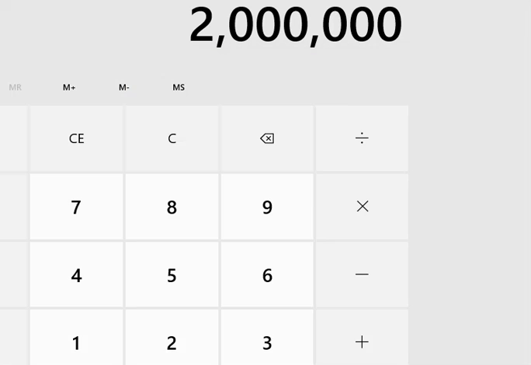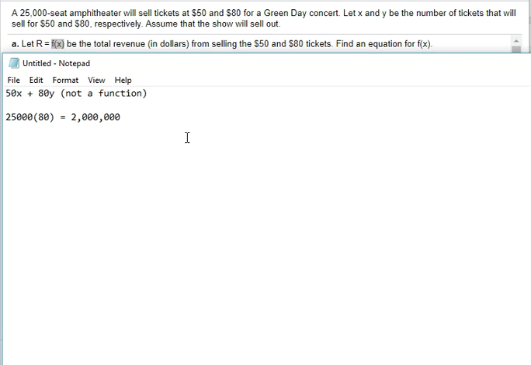Now, that's not going to happen because some of them need to be sold for $50. For each ticket that you sell for $50, you are losing $30 from your 2 million, right? Because 80 minus 50 is 30. So there's a loss of $30 for each ticket that sells for $50.